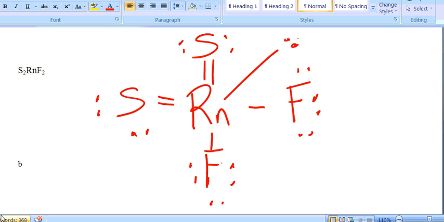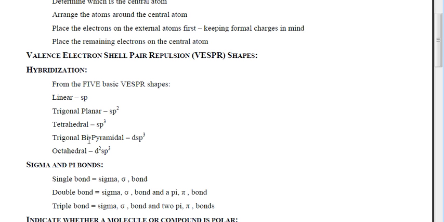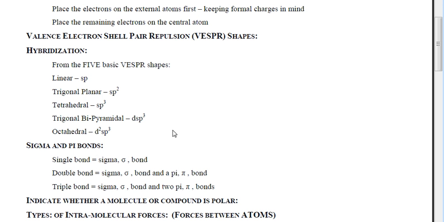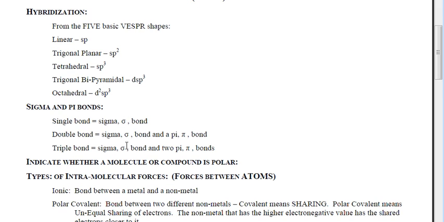The next thing is, we said hybridization was dsp3, sigma and pi.